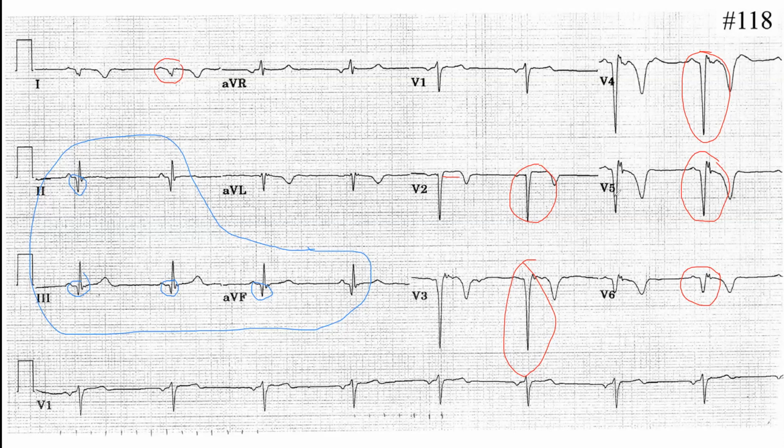So there is no ST elevation in these leads, but we do see a negative T wave, similarly to lead number 1, meaning that this is a subacute anterolateral MI. So this patient has 2 MI. An old one, and a subacute.